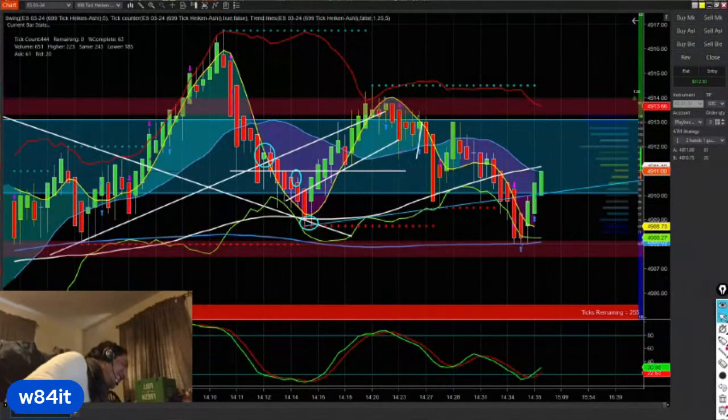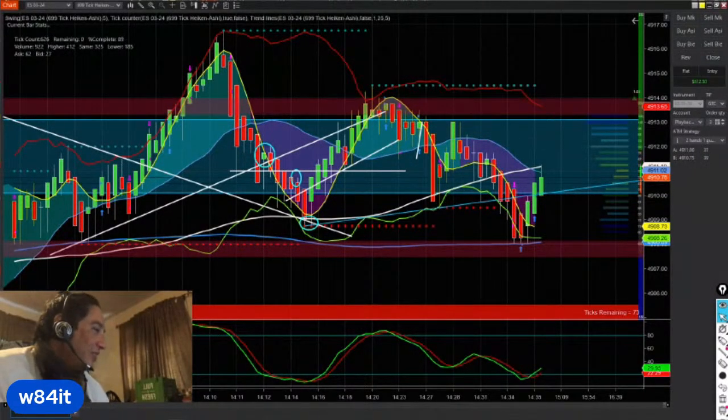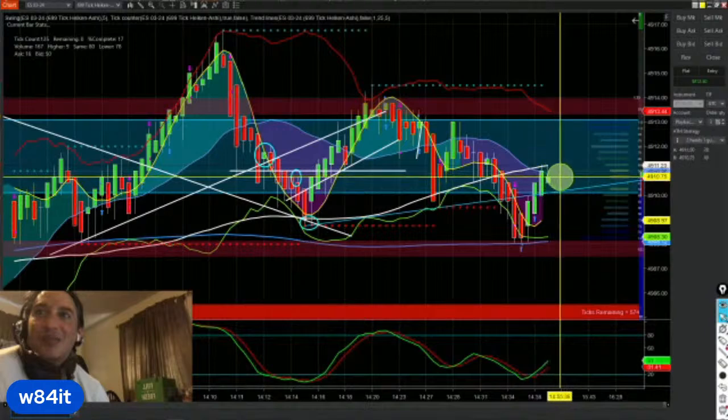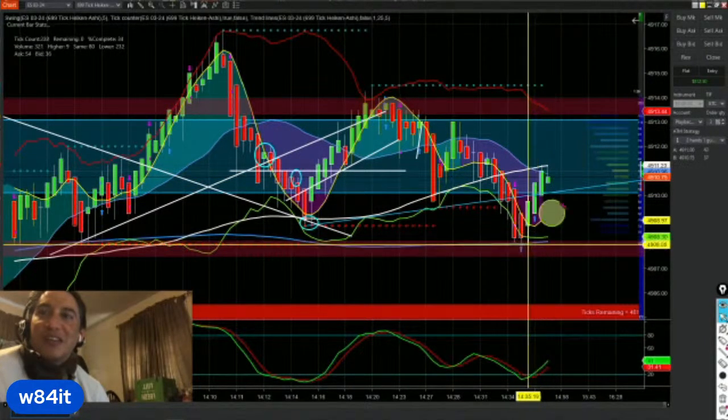Just a thought, it's cool. Pretty sure this has to do another bounce right here. At least come back and manipulate this angle right here before it goes up.